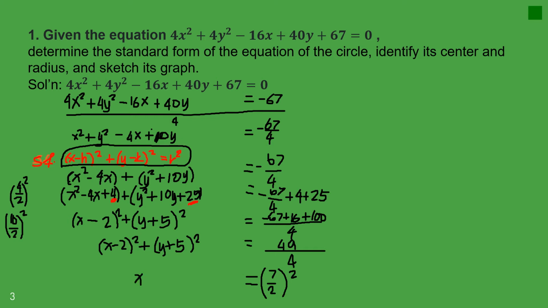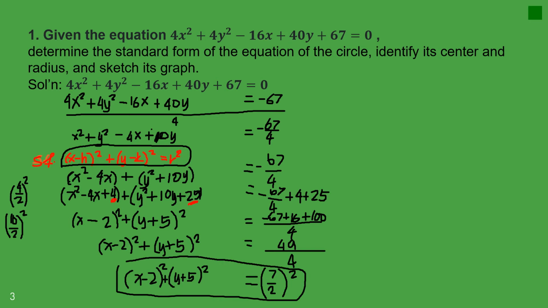And finally, we have the equation of the circle in standard form. And that's equal to x minus 2 quantity squared plus y plus 5 quantity squared. And this is the standard form of the equation of the circle.